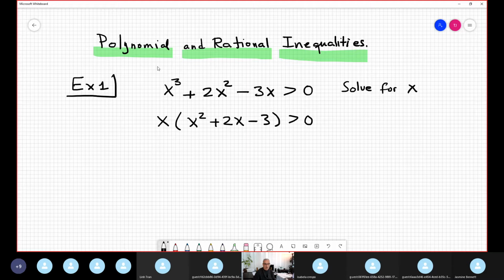I need to factor completed. Therefore, we have a trinomial. Yeah, I continue the factorization. X, and the combination is 3 and 1. No? 3, because 3 times 1 is 3, and 3 minus 1 is 2. And the sign is positive 3 and negative 1.